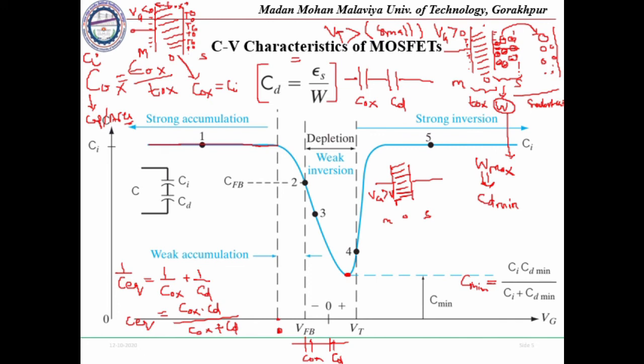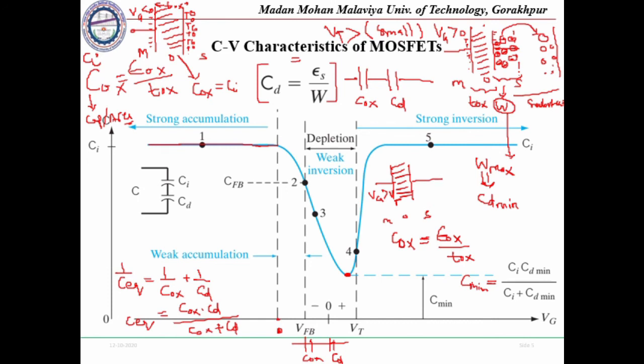In that case, the overall capacitance that we will be getting will be equal to your oxide capacitance only. So in the strong inversion region, your oxide capacitance will be the capacitance of the MOS system, that is epsilon OX divided by tOX. So at the starting, that is in the accumulation region, the Cox will be your capacitance.